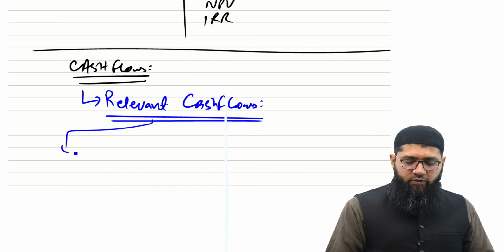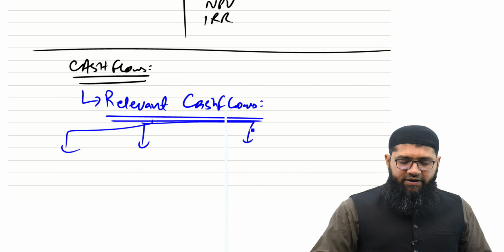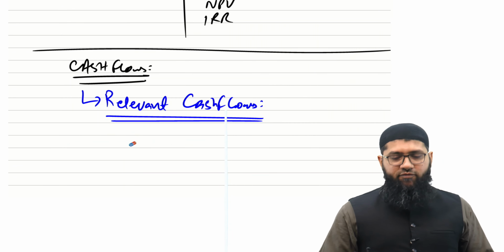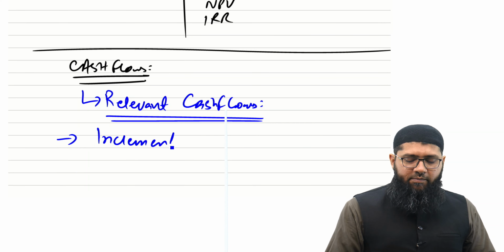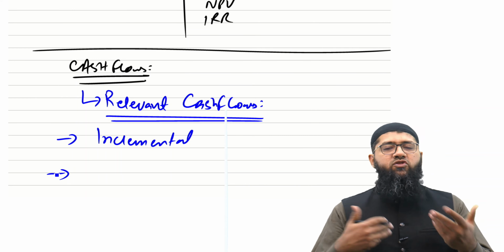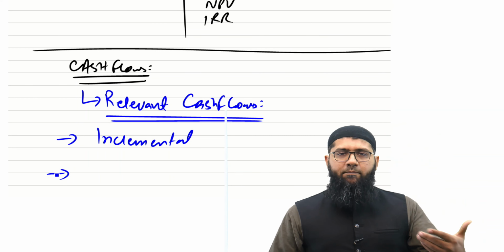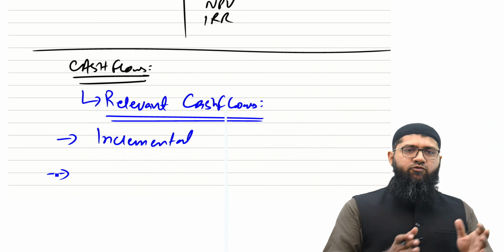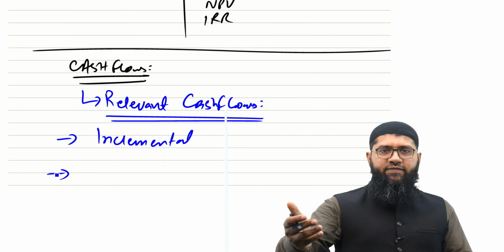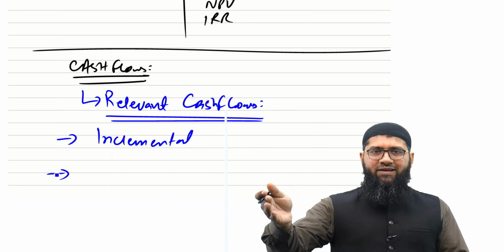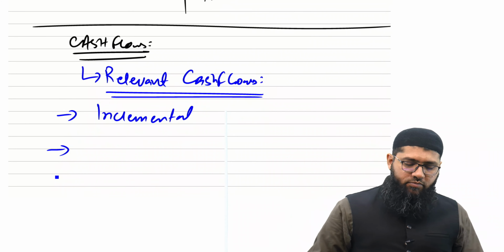So the relevant cash flows have certain attributes, certain characteristics. The relevant cash flows are incremental, that is, they are differential cash flows. For example, if you as an entity have sales of 100,000, and because of undertaking the project your sales become 140,000, the 40,000 is going to be considered as incremental.